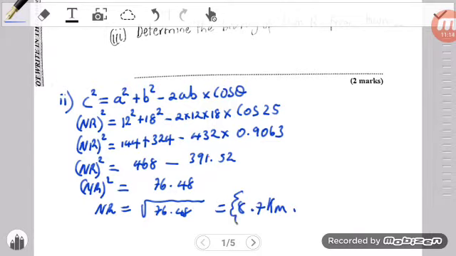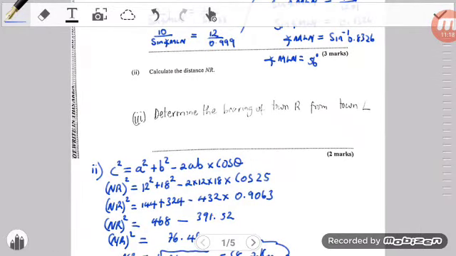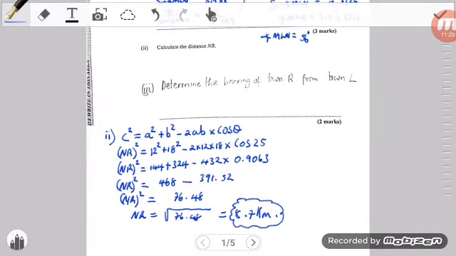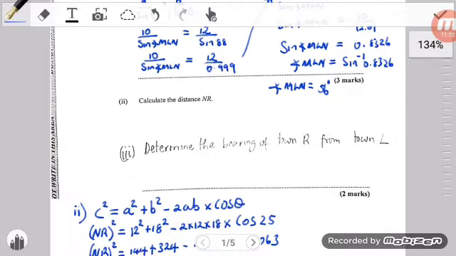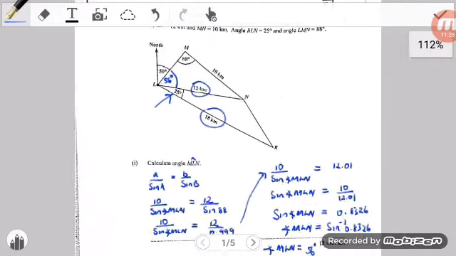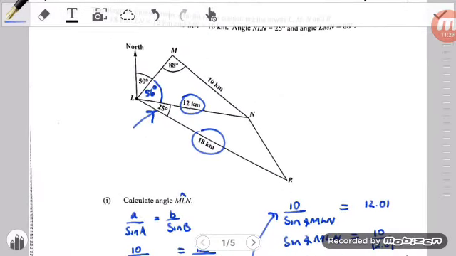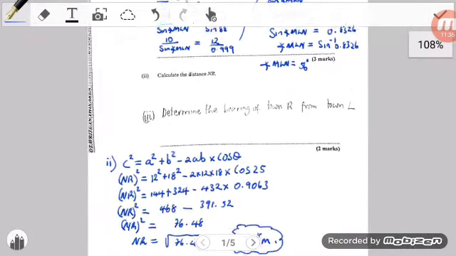Not a bad question at all. If you have knowledge of the cosine rule, it should not be a problem here. So we go right ahead now and proceed to insert our measurement right here, 8.7 kilometers. Beautiful.